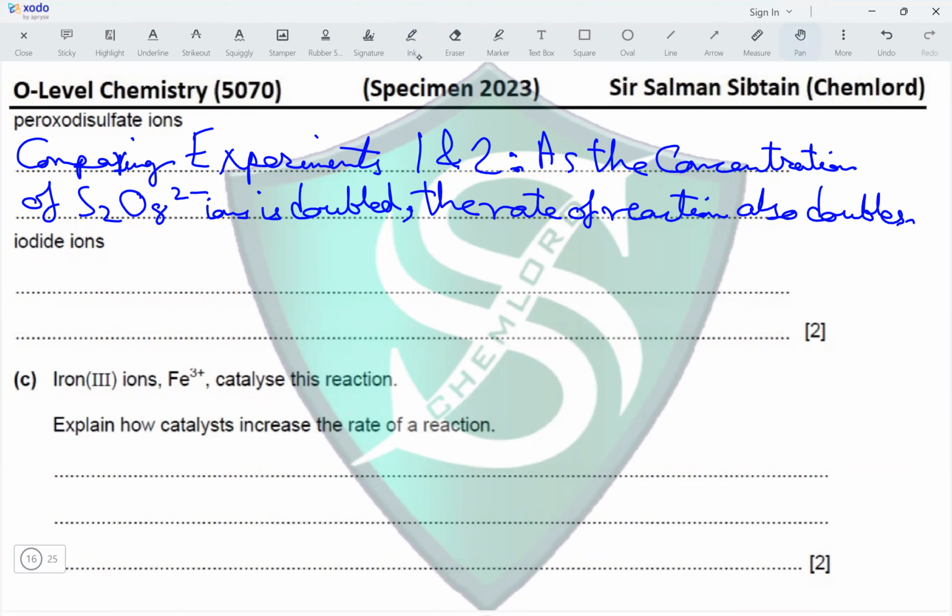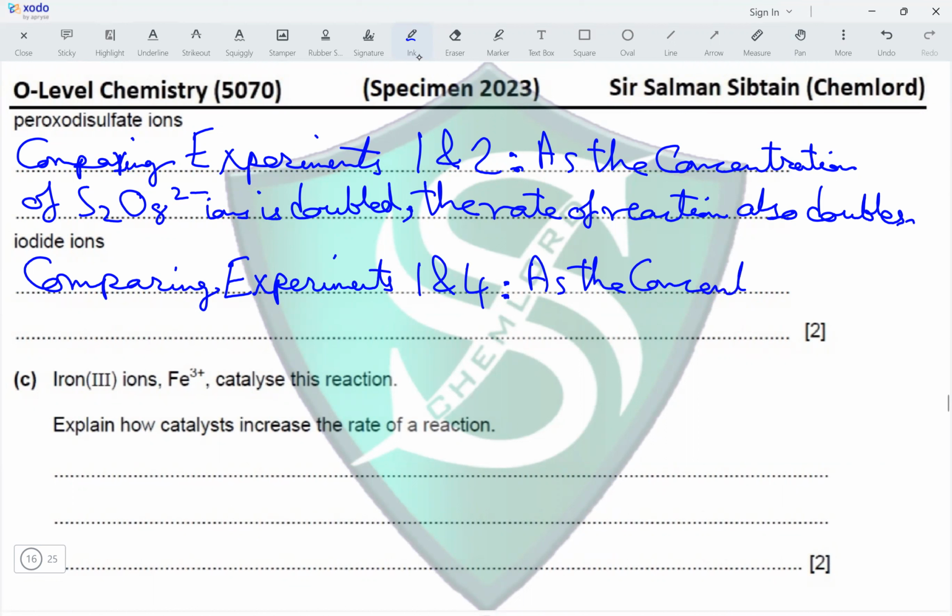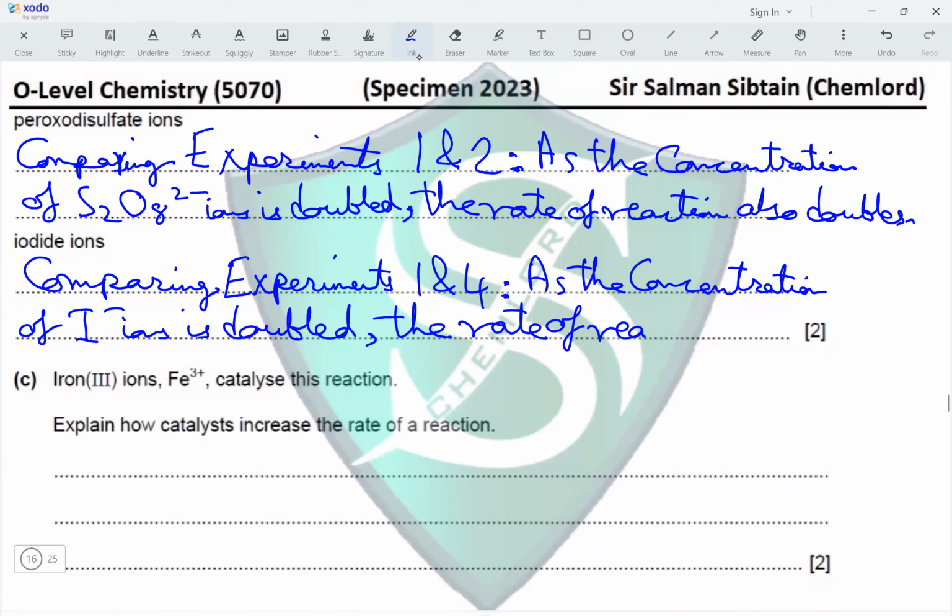And for iodide ions, it is the same conclusion, but we have compared experiments 1 and 4 in this case. So we would write: comparing experiments 1 and 4, as the concentration of iodide ions is doubled, the rate of reaction also doubles.